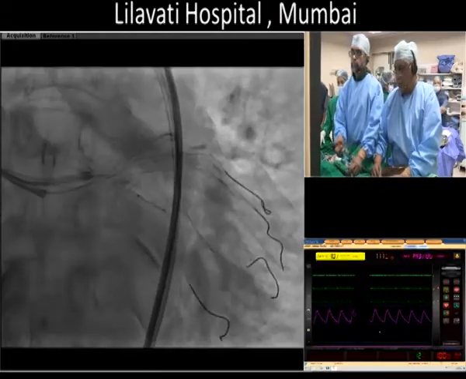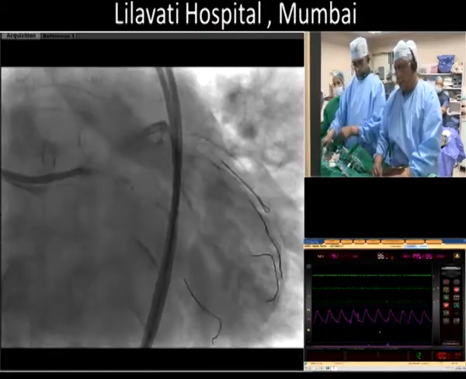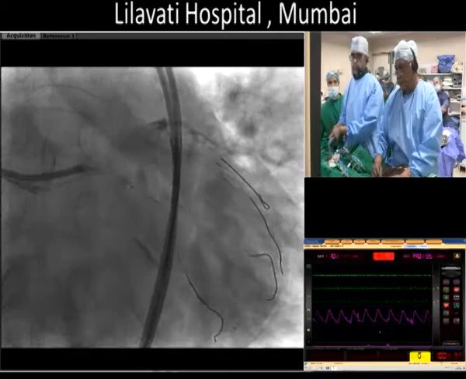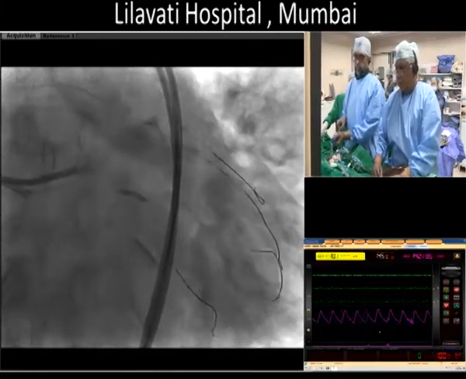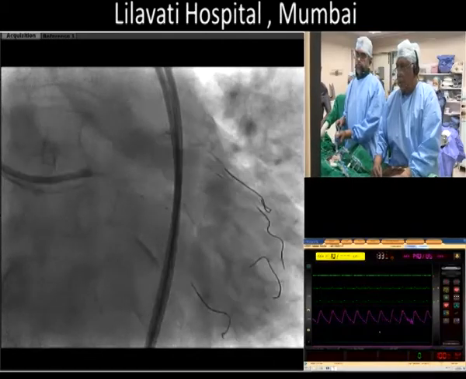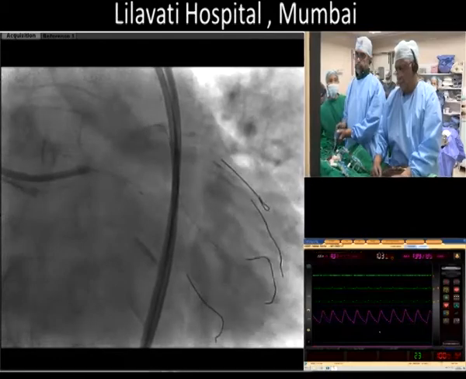Test. Go up. What size mosaic is this? 2.5? The same 2 millimeter which I use for the diagonal. Okay, 2.0. Good.